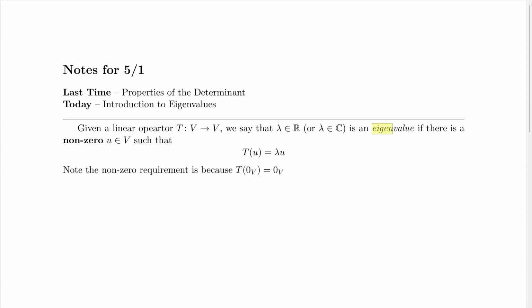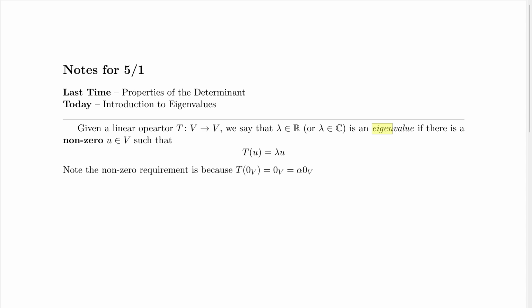So if I did not require non-zero there, then everything would be an eigenvalue, because scaling the zero vector gives you the zero vector. So if you do not require the existence of a non-zero vector u satisfying that equation, well, then everything's an eigenvalue. So it's not a definition. That's garbage.